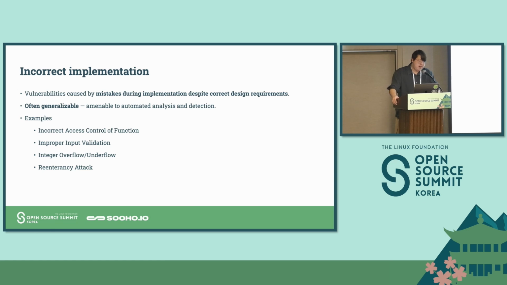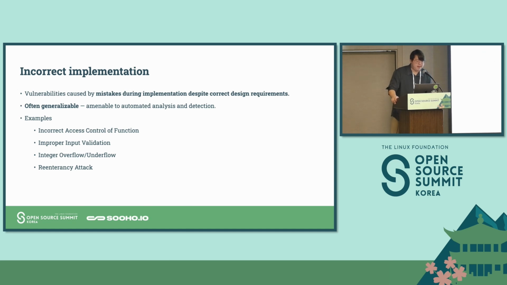On the other side, incorrect implementations, which are just bugs, are easier to recognize and pattern match. They include things like incorrect access controls, improper user input validation, and integer overflow and underflow, which can occur in any normal software.